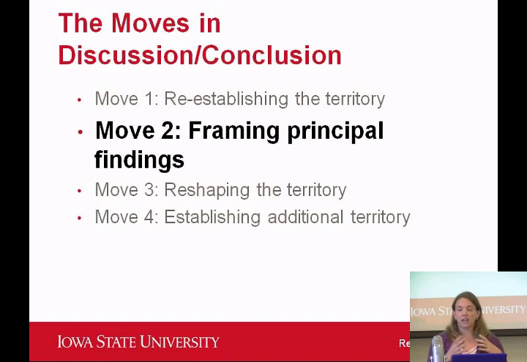So you'll have to see how these sections are really constructed within your field and within your strand of research to really see how this will play out precisely for your own papers. And of course, remember that even though we're going to talk about these moves in order, we've labeled them 1, 2, 3, and 4, the moves can appear in different orders and are not necessarily linear.